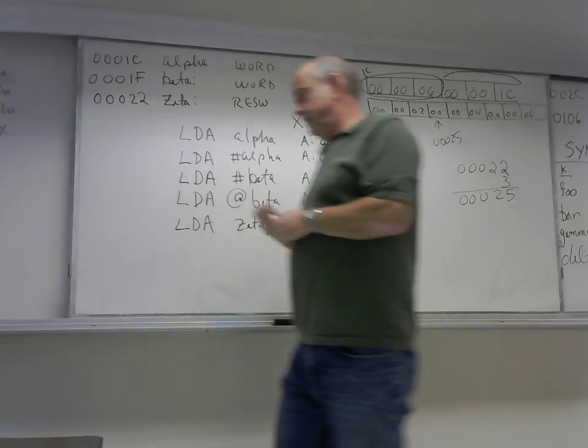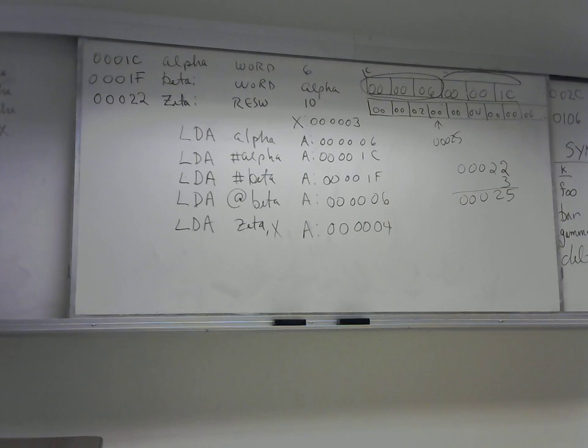But we could do this. We could say int x equals 2. All right, we have an integer. It's x. It's got 2 in it. Now I can say int star y equals &x. Well, what's in y? What's the address of x? Who knows what it is? We don't know, but it's an address.